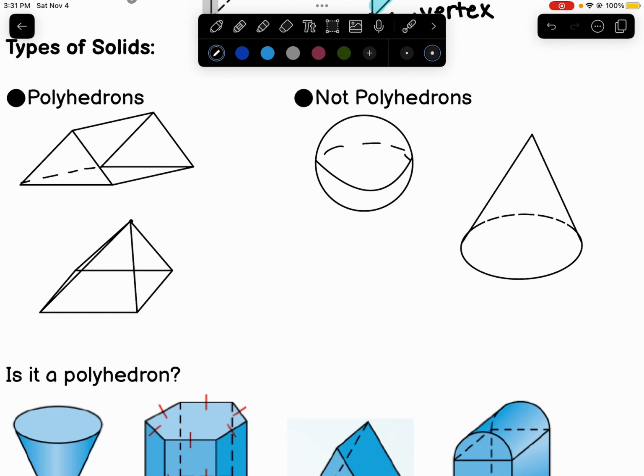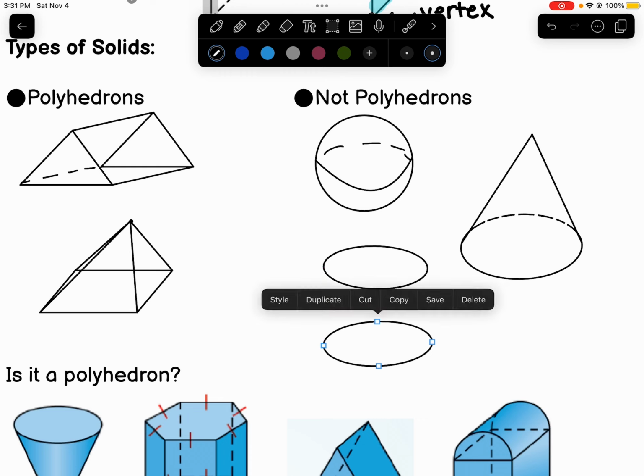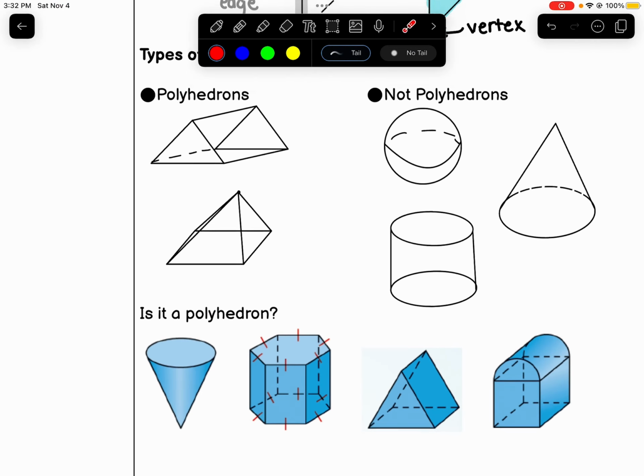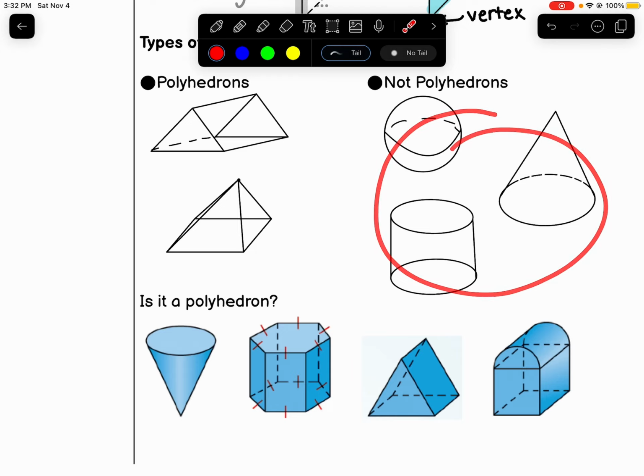Our last solid that is not a polyhedron because it has curves, these are not straight lines, that you're probably really familiar with, is a can, also known as a cylinder. While these are 3D solids and geometric solids, they are not polyhedrons because their faces are not polygons.